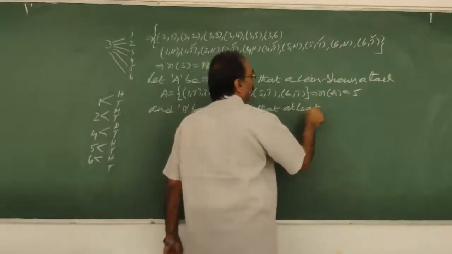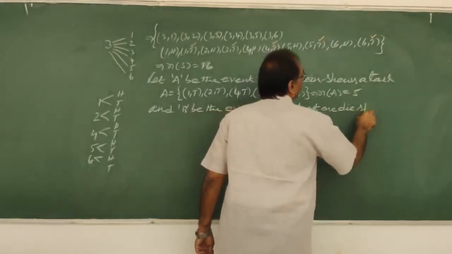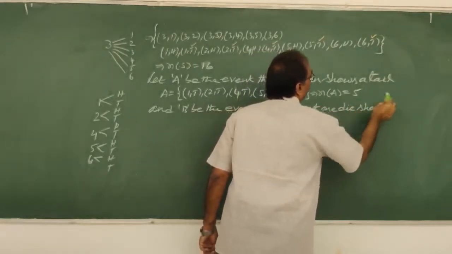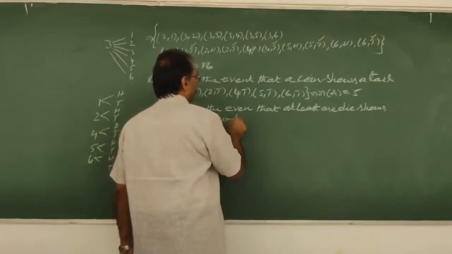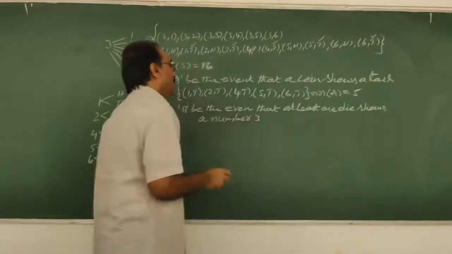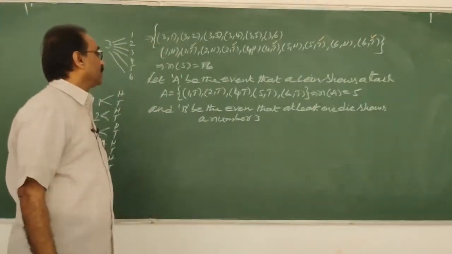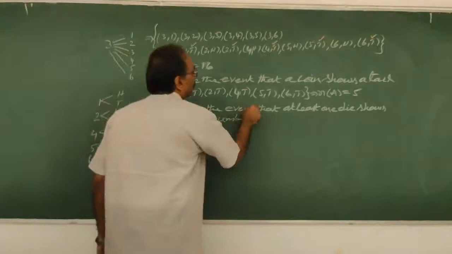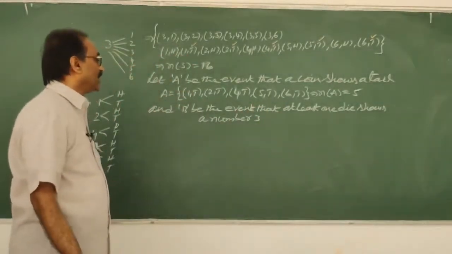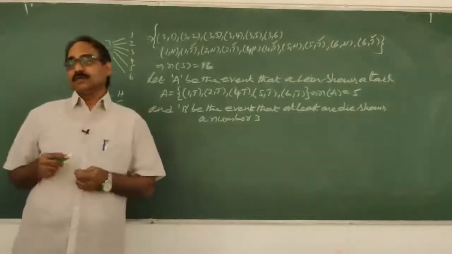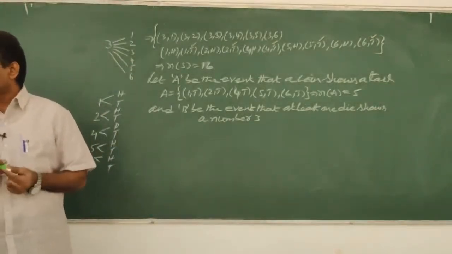Let B be the event that at least one die shows a number 3. So at least one should show 3; if 2 also show it, no problem.